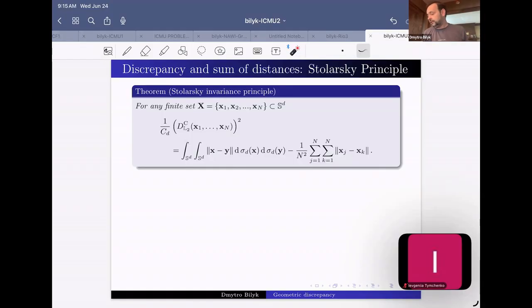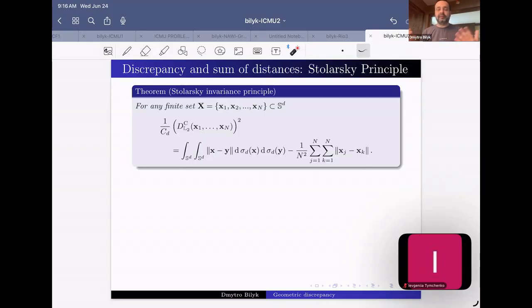If you think about it for a second, you can realize that this is actually not completely unexpected, because if you're trying to maximize the sum of distances, if you try to visualize it, you're probably going to get something uniform, although you have to be careful with such intuition. But this identity says that it's exactly the same problem.